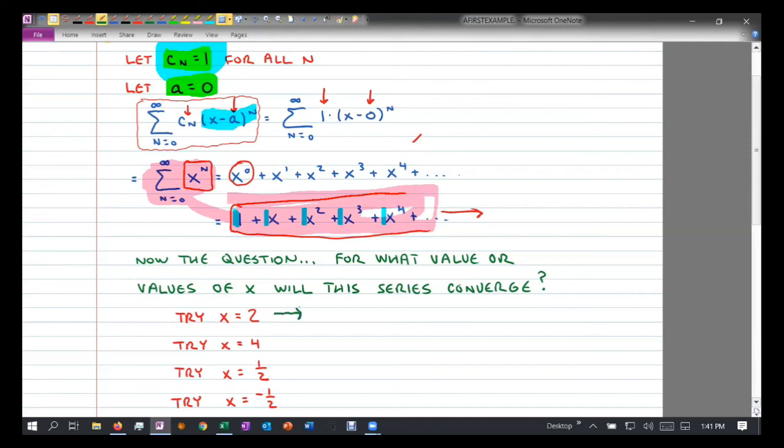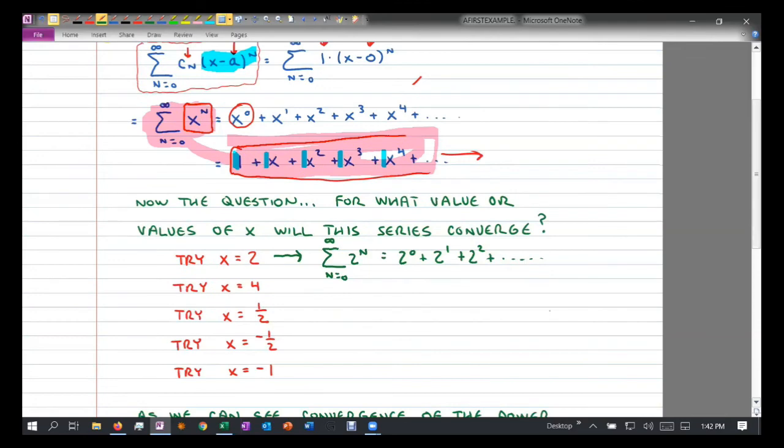Tell me what that series would look like if x is 2. Sum n equals 0 to infinity of 2 to the n, right? Which is just 2 to the 0 plus 2 to the 1 plus 2 to the 2 plus dot, dot, dot. So does that series converge or diverge, and why?